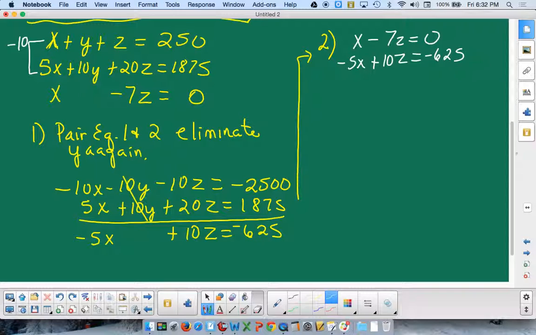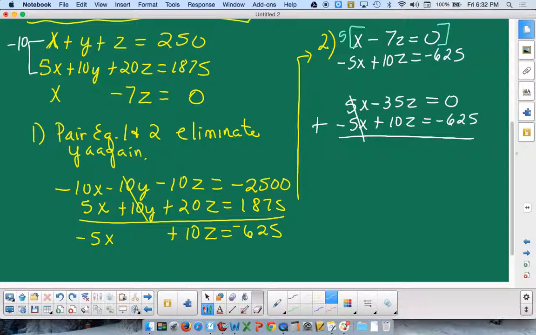I wonder if I could do elimination on this one. Looks pretty simple, so let's take the top equation times 5 and eliminate x's. So that's going to give me 5x minus 35z equals 0. And then, of course, negative 5x plus 10z equals negative 625.